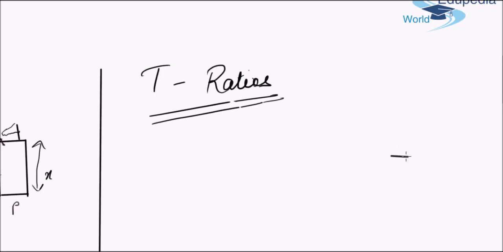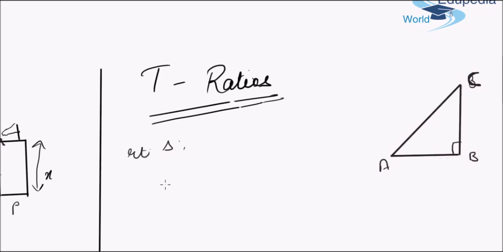Friends, if we have a right-angled triangle, say right angled at B and the triangle as ABC, then there are certain ratios of different sides of this triangle which are represented in trigonometry language by certain names. It must be clear that trigonometry is applicable only if one of the angles is 90 degrees.